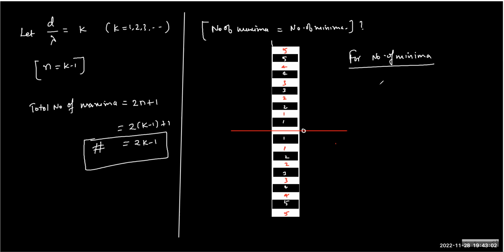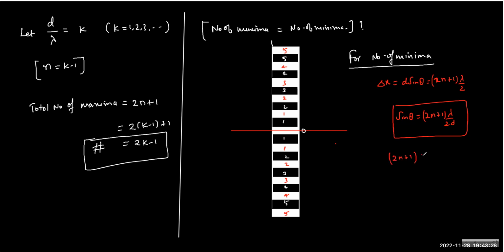For the number of minima, what can we add? The path difference must be an odd multiple of lambda by 2. And therefore sine theta becomes an odd multiple of lambda by 2d. And (2n plus 1) lambda by 2d turns out to be less than 1.